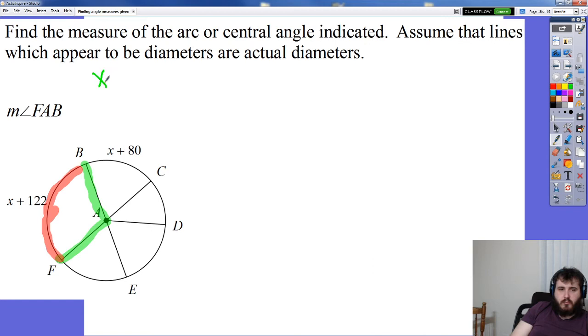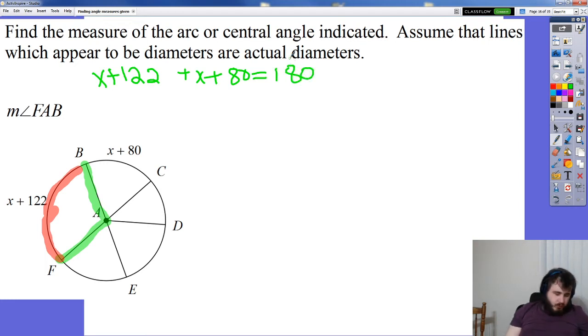So we got x plus 122 plus x plus 80 equals 180. So let's do our work. Combine our like terms. Numbers go over here.